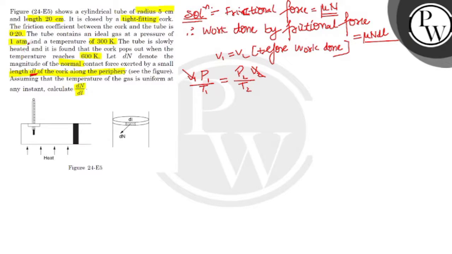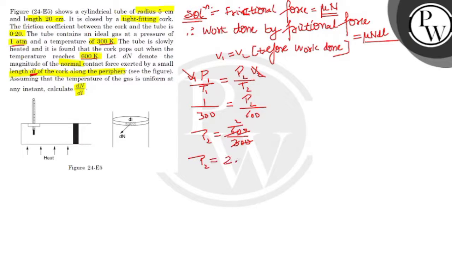P1 is 1 atmosphere at temperature 300 Kelvin and we have to find P2 when temperature is 600 Kelvin. So 1 atmosphere by 300 Kelvin equals P2 divided by 600 Kelvin, which implies that P2 is equal to 600 divided by 300. So P2 is equal to 2 atmosphere.